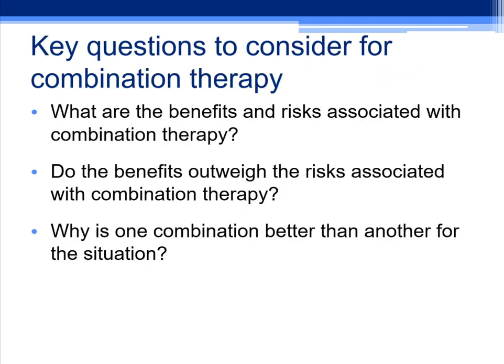So some things to consider for combination therapy are what are the risks and benefits? Do we have an additive effect here? Do we have a synergistic effect from an in vitro standpoint? Do we have improved outcomes, or do we have a higher kill rate? Do we need biofilm penetration? And do the benefits actually outweigh the risk associated with combination therapy?